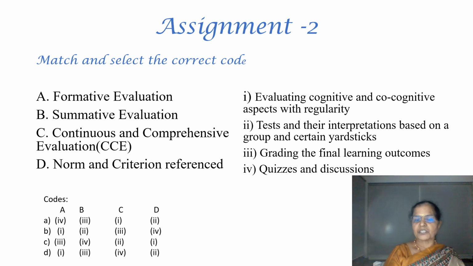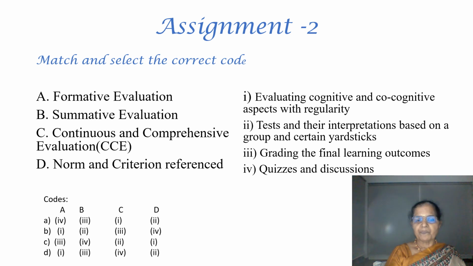So first match the set of statements. First, A is formative evaluation. We know what formative evaluation is. It is done in everyday classroom and it's not usually graded. It's not evaluating cognitive aspects with regularity.